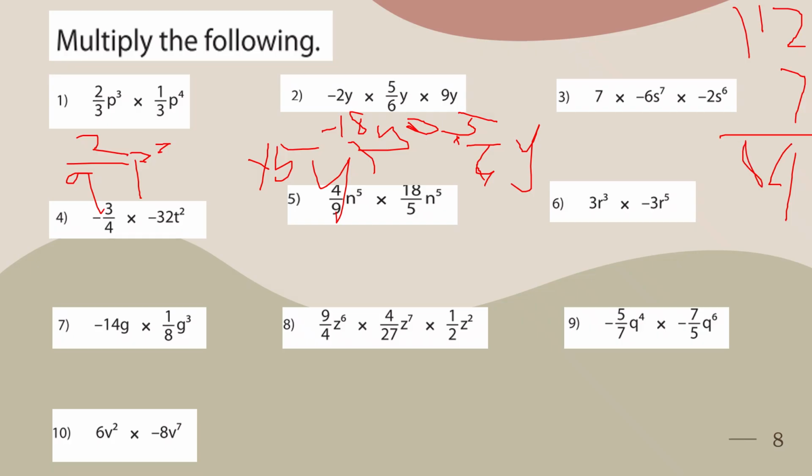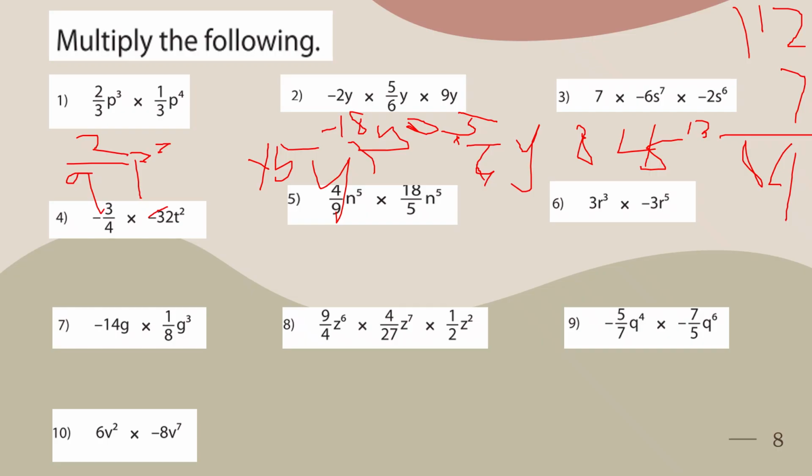So we got positive 84, and the exponent, 7 plus 6 is 13. Yes, it is 13.